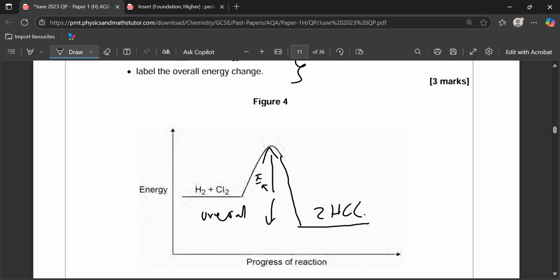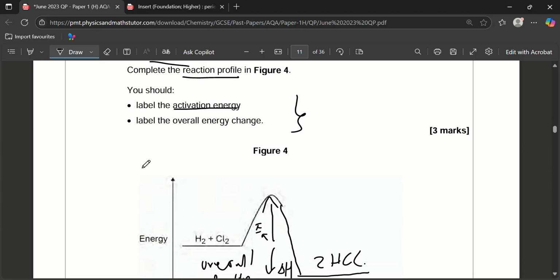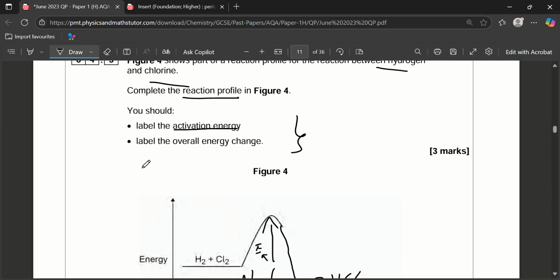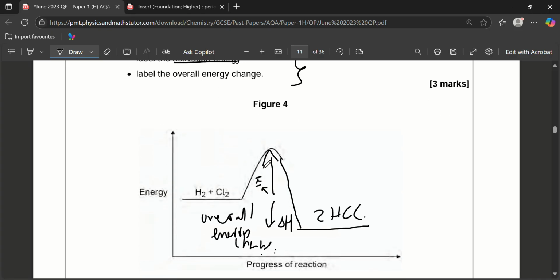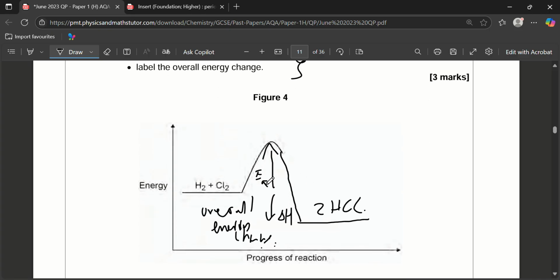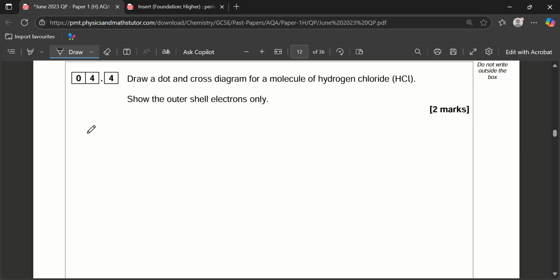So going from up to bottom, this is going to be overall energy change, also known as delta H in some cases. And 3 marks, yeah. So I think you'll get 1 mark for labeling activation energy, another one for overall energy change, and maybe 1 for whatever the product is, which we know is going to be HCl.